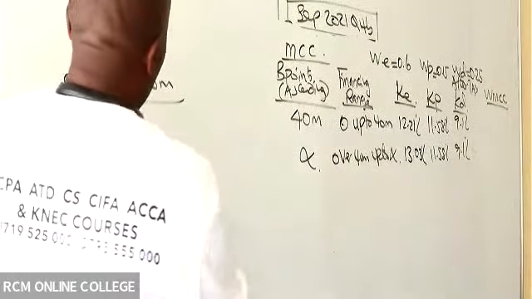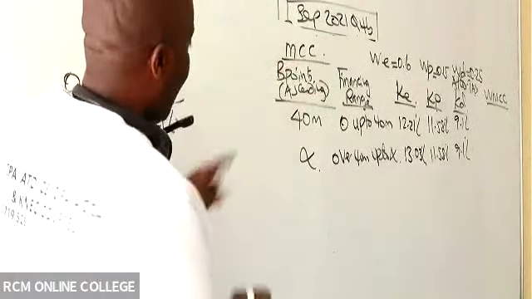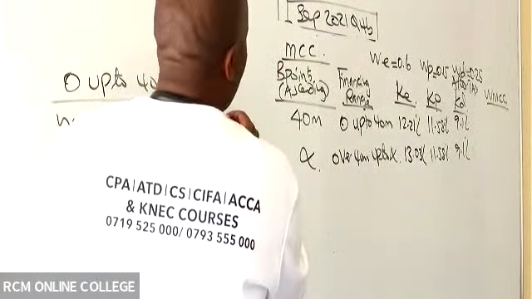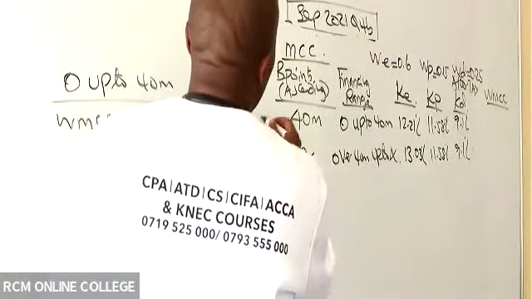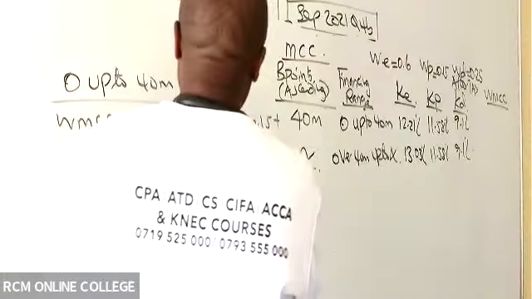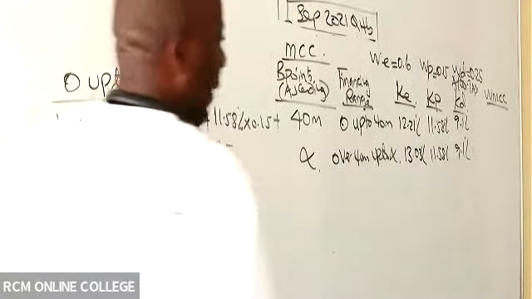It will be 12.21 times the weight of equity there, which is 0.6, plus 11.58 times 0.15, plus 9.1% times 0.25, which will end up giving us what figure?